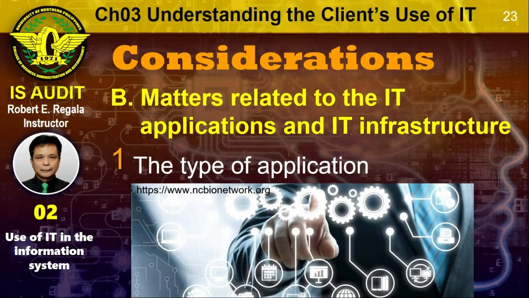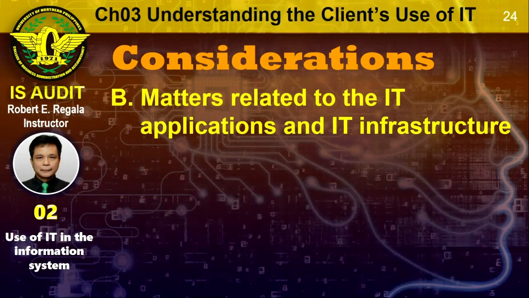For moderate implementations, there's usually a purchased application or simple legacy or low-end ERP applications with little or no customization. For complex implementations, there's usually custom-developed applications or more complex ERPs with significant customization.